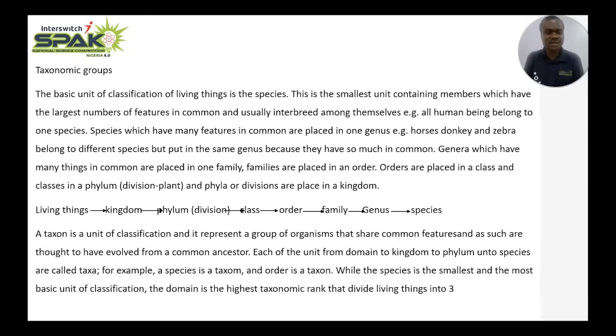So a species is a taxon. And we can say here immediately that the basic unit of classification, the species, is the smallest unit of all of them, and the domain is the highest taxonomic rank.